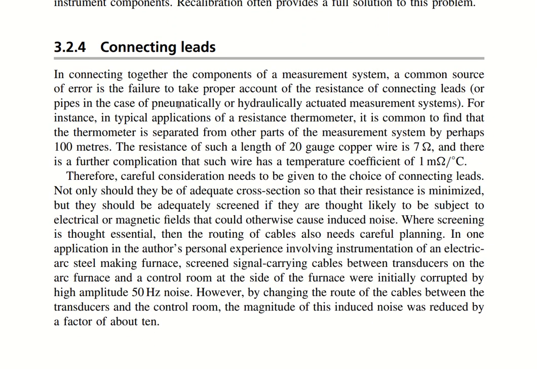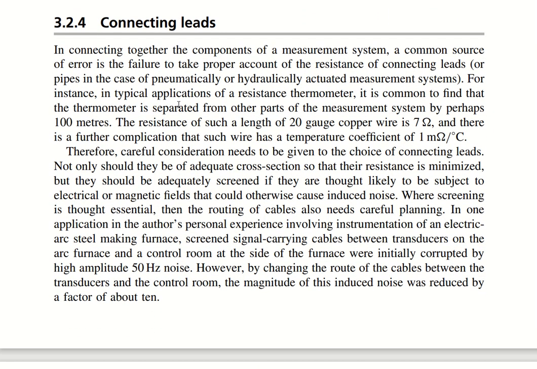After that, we have the problem of connecting leads, and it is a very common problem. In the connection of components of the measurement system, a common source of error is the failure to take proper account of the resistance of connecting leads, right?